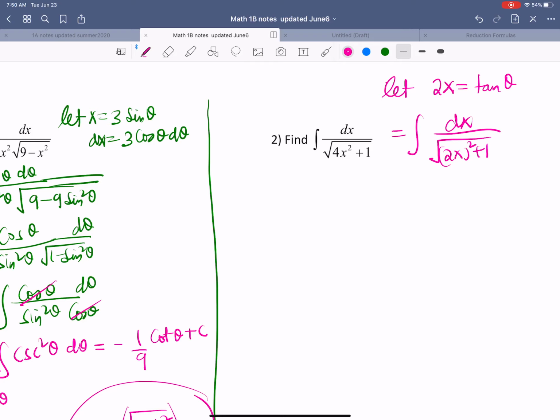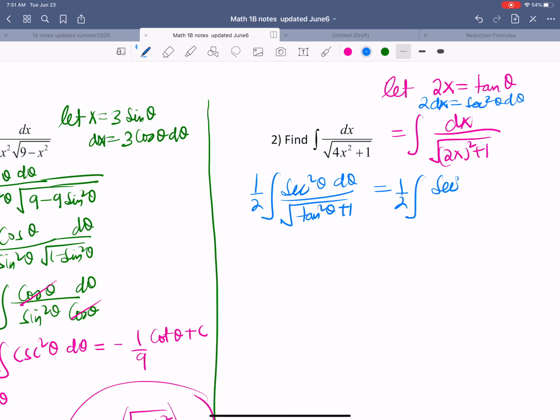Okay, and that would mean 2 dx is secant squared theta d theta. Our dx is half of secant squared theta. Okay, so 1/2 secant squared theta d theta divided by the square root of 2x is tangent squared theta plus 1. Okay, 1/2 secant squared theta d theta over tan squared theta plus 1 is secant squared theta.